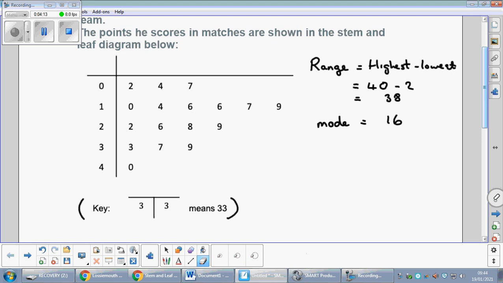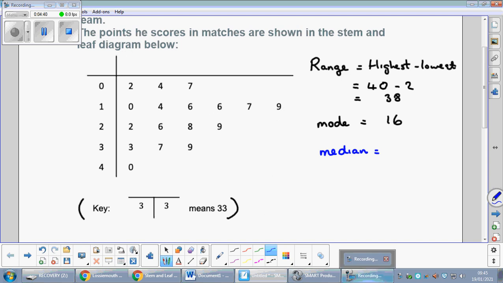Now the median is the middle one. Now I believe there's an odd number of numbers in this, so the median should be bang in the middle. Let's just see. 1, 2, 3, 4, 5, 6, 7, 8, 9, 10, 11, 12, 13, 14, 15, 16, 17. Yeah, there's 17 numbers.